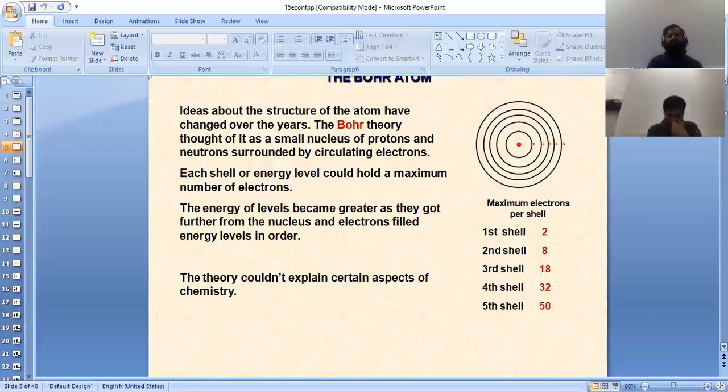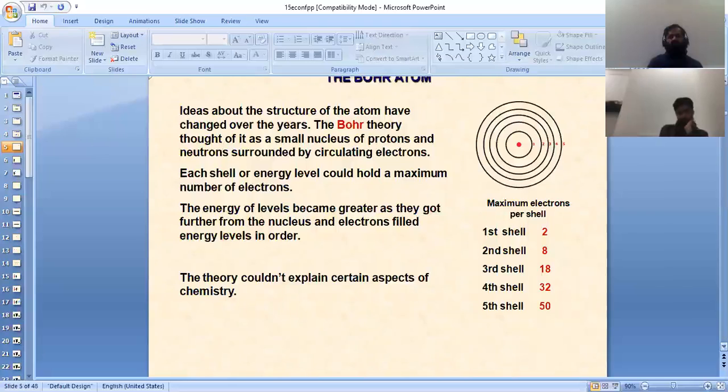This idea was given by Bohr, who said an energy level could hold the maximum number of electrons according to the 2n square formula. But this was an incomplete model. It was unable to give details about the movement of electrons around the nucleus.